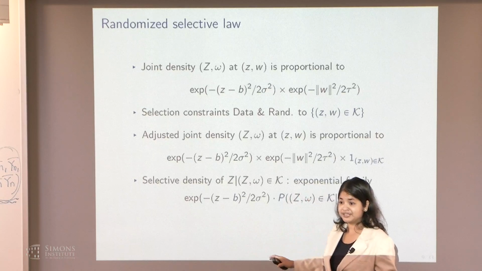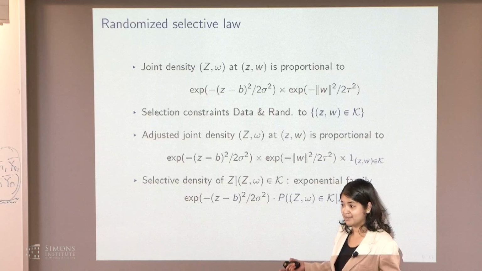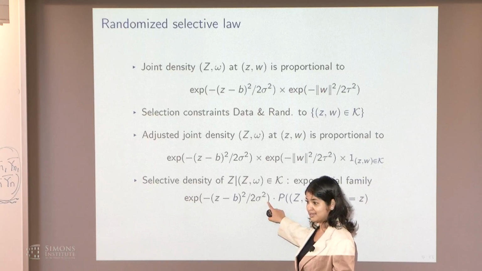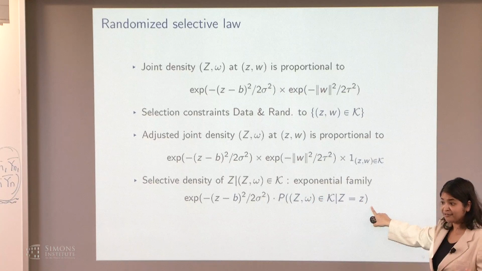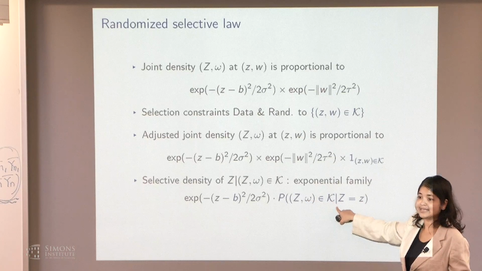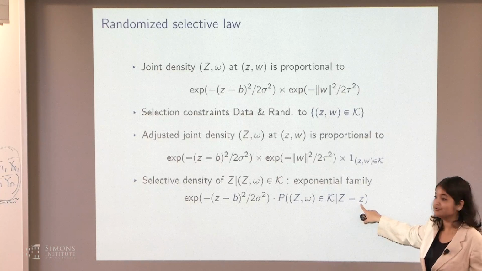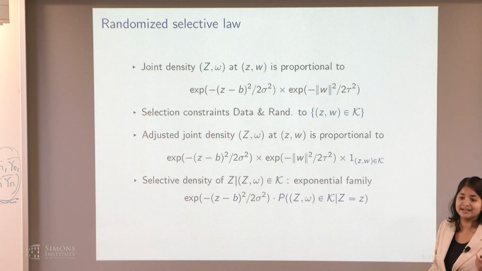But what is different here is that you have a different reference measure. You have a reference measure that is equal to the Gaussian reference measure times another function of your data. And that other function of your data is precisely this probability that randomization lands in the selection region conditional on data. So you have this conditional probability of randomization landing in a selection region.